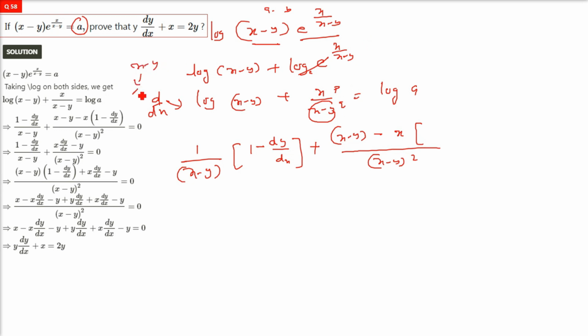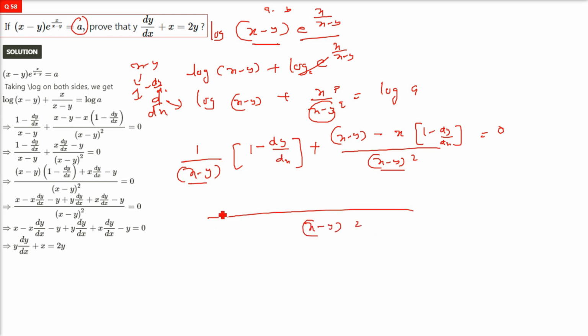Now the only thing we can do is manage the things, to see that the result comes as what is being asked. So there is just a rearrangement. The right hand side is going to be 0 because differentiation of log a is 0.